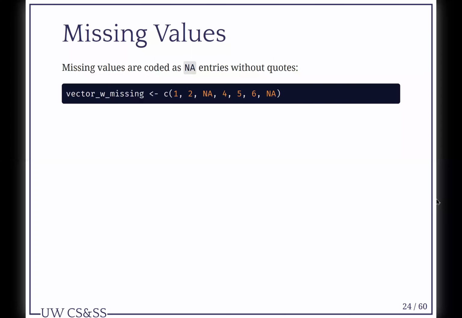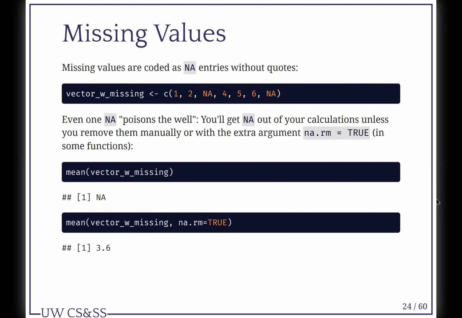On missing values. Missing values are coded as NA, all caps, and they're not in quotes. So we can make this vector here, vector with missing, which has the elements 1, 2, NA, 4, 5, 6, NA.